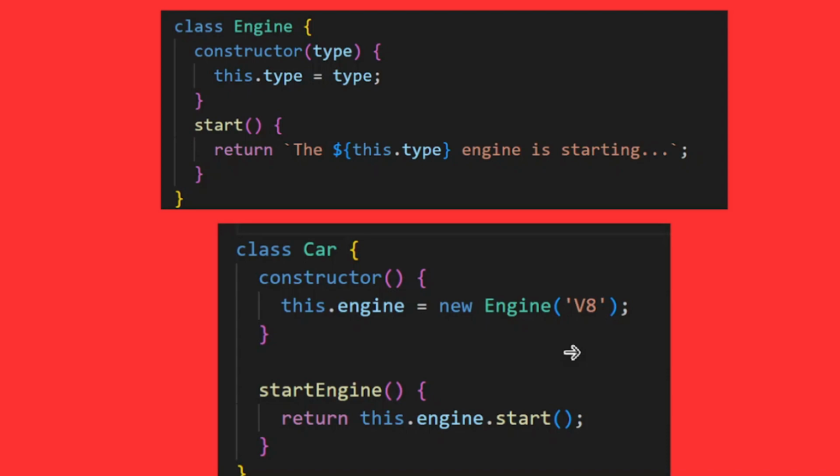So give the control of the dependencies' instantiation to the NestJS framework, not keep it in your own hands. That is the entire gist of inversion of control, and that entire concept of giving your control to the NestJS framework is achieved through dependency injection.